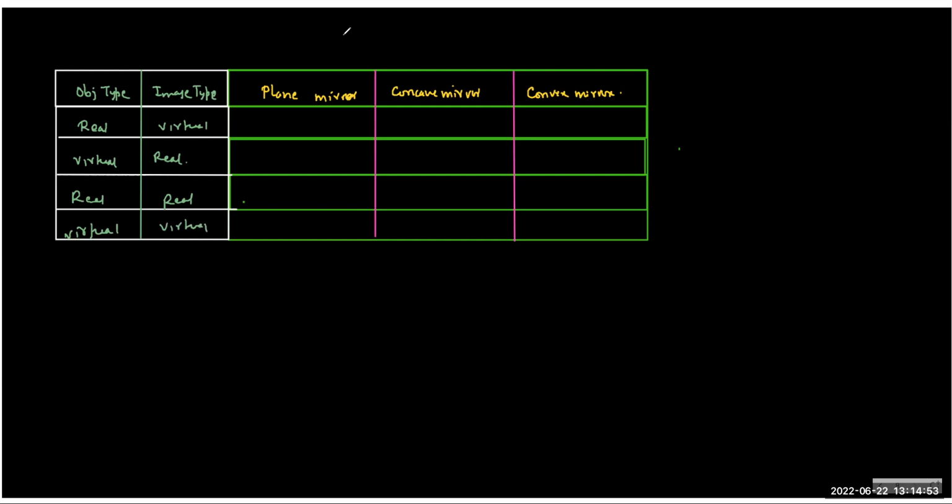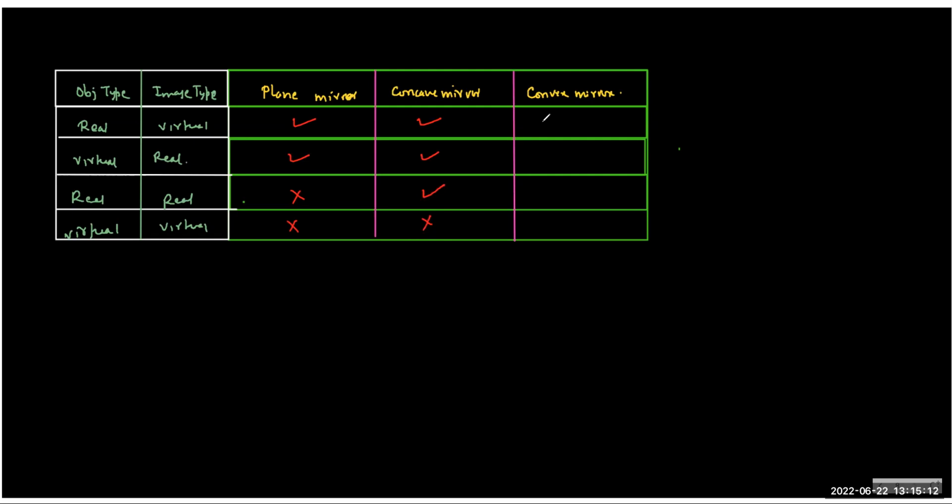Okay, and then I will make a tick. So plane can form real to real, real to virtual, correct. Virtual to real, correct. This one is not possible. Concave: yes, yes, yes, no.